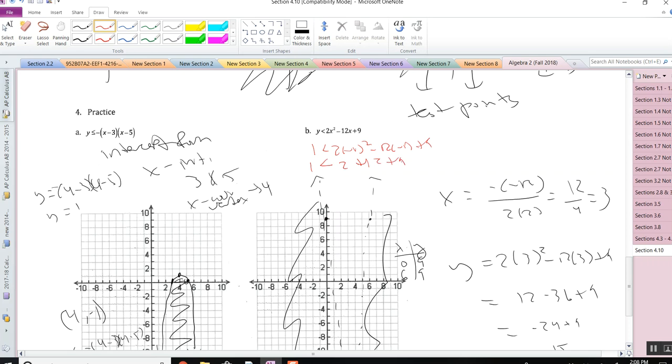Yeah, that's a true statement. That would work because 1 is less than 23. Yeah. So anyway, we'll practice in class as well as do some more word problems this week.